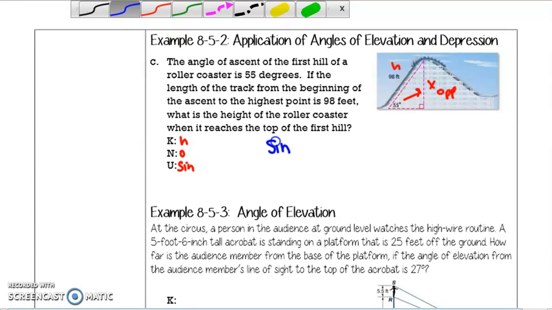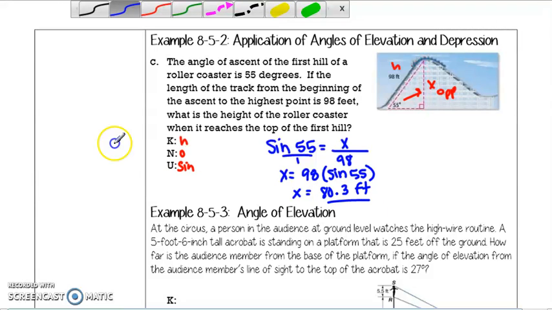Sine 55 degrees equals O, which is x, over h. So we multiply 98 times sine 55 to equal x. I'm not putting the 1 under here because we know it's there. And so x is equal to 80.3 feet high for that roller coaster.